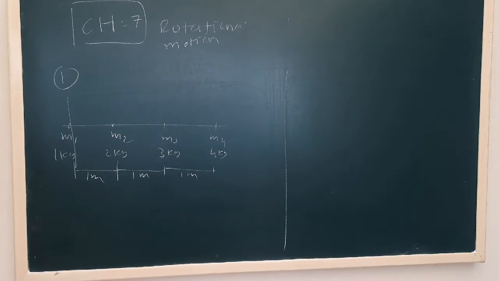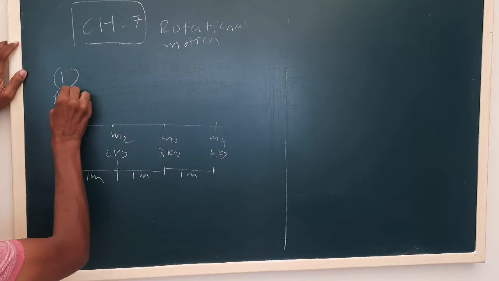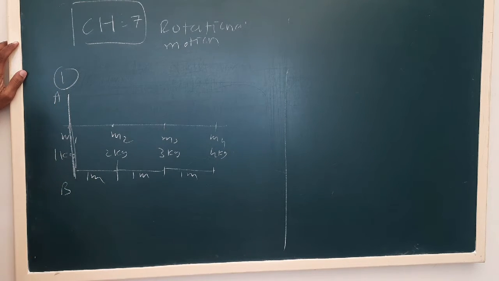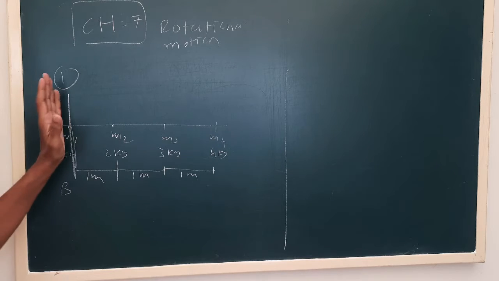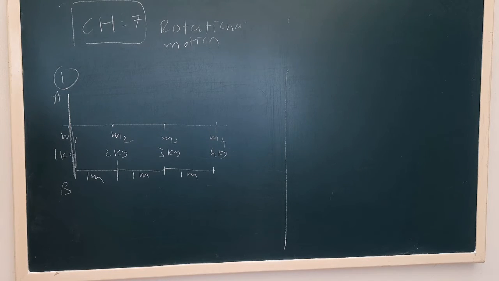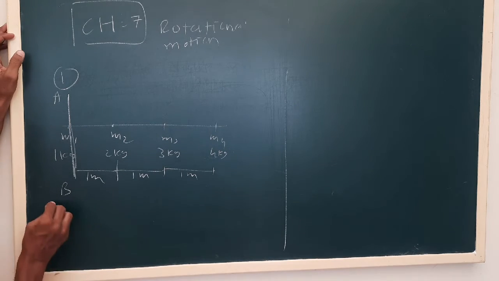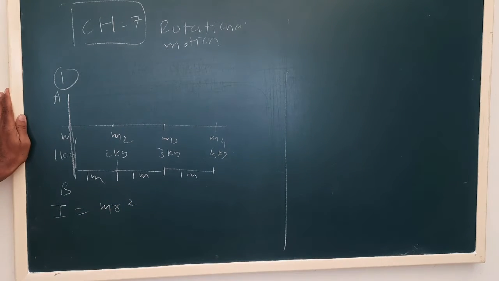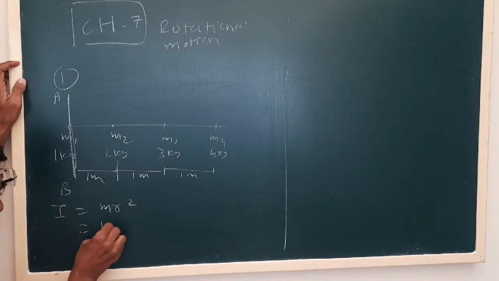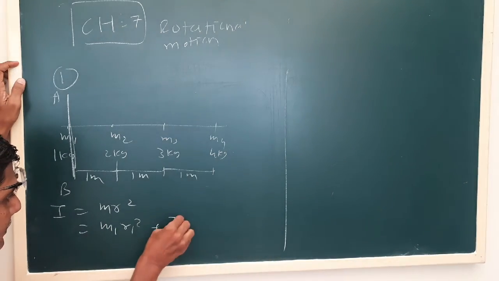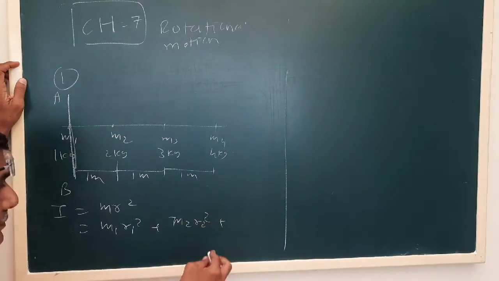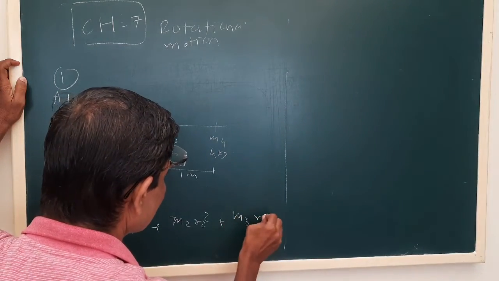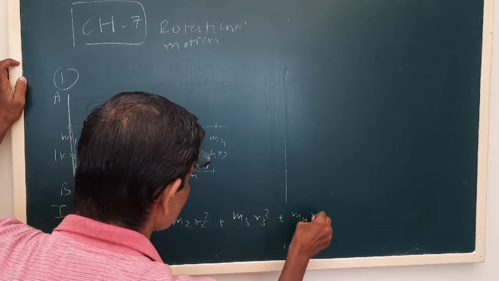See, we have to calculate the moment of inertia about an axis passing through M1. Okay, now see what is the formula of the moment of inertia. I is equal to mr square. See here more than one particle, so it will be m1 r1 square plus m2 r2 square plus m3 r3 square plus m4 r4 square.